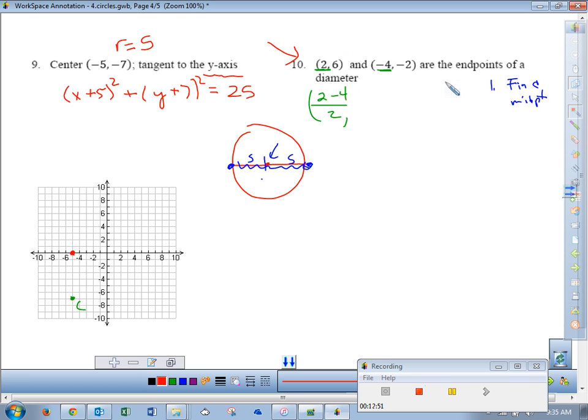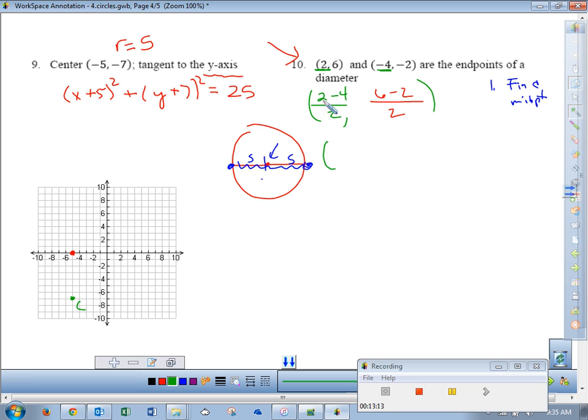To do that with your y values also, you add your y values together. 6 plus negative 2, same thing as saying 6 minus 2, and you divide it by 2. Notice I wrote a big ordered pair. I've got x information in green, y information in red, and all I'm doing is adding my x's together, dividing by 2, adding my y's together, divided by 2. What would I get shooting out of the green situation?